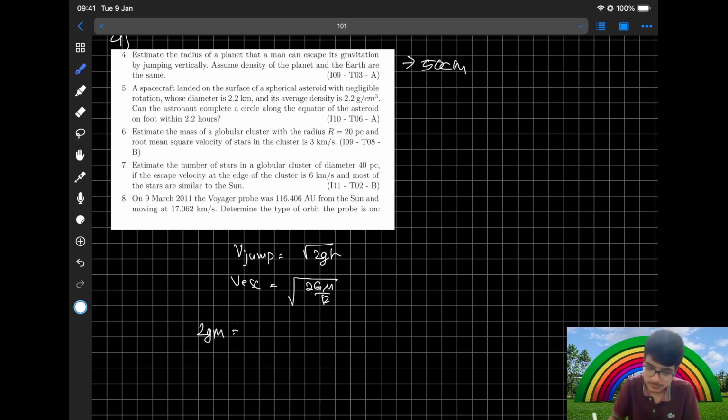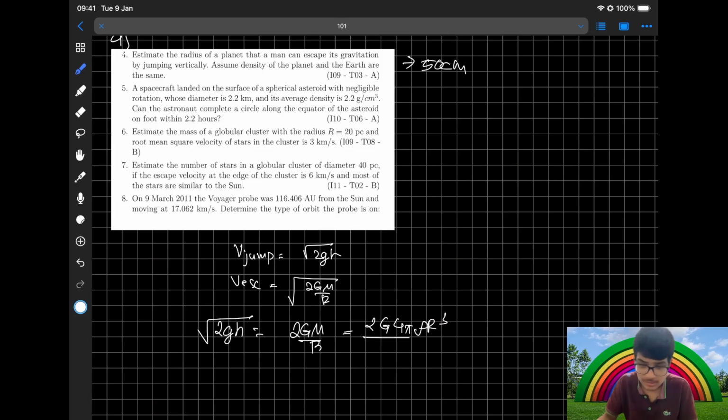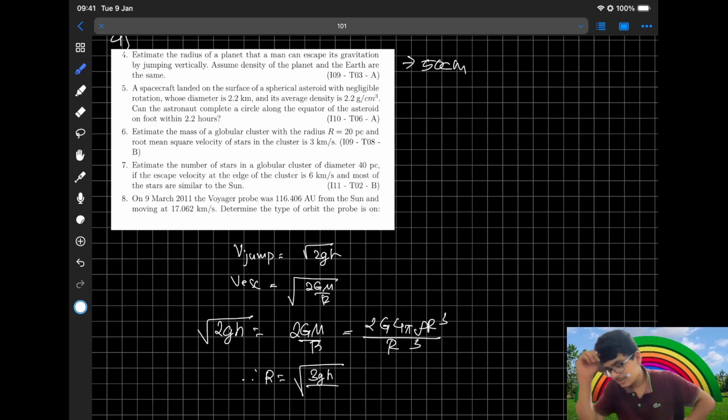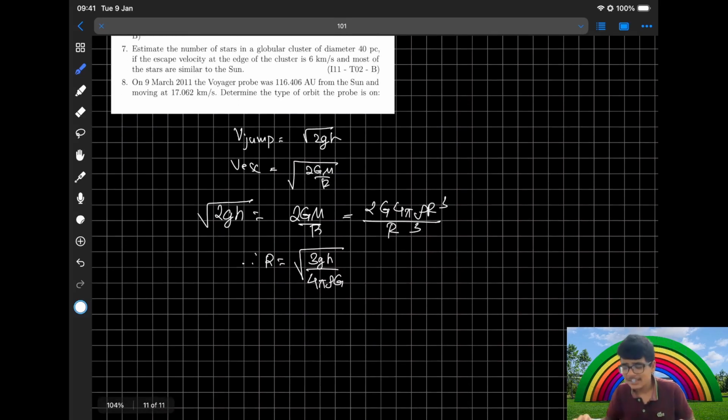So 2gh will equal 2GM by R. Then just change it to this density thing right here, right? And then just calculate the radius. So it will be 3gh divided by 4 pi G density. This is one of the easiest and fun questions.